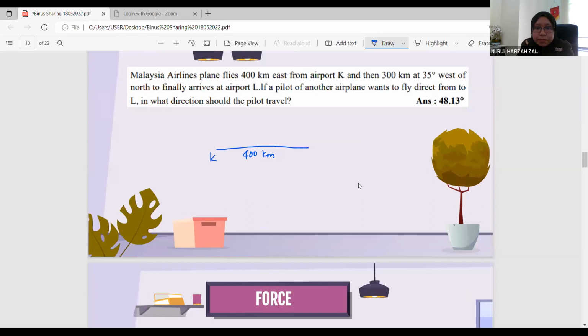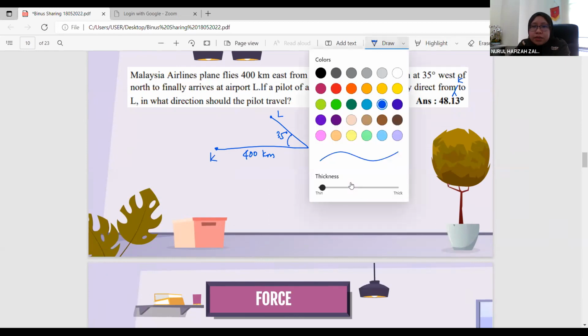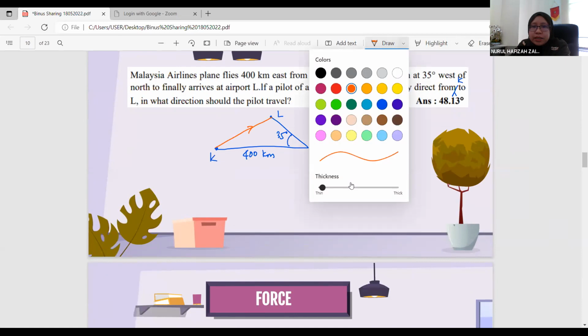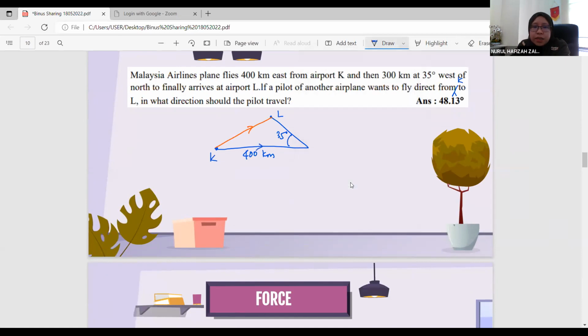So maybe here, and finally arrive at airport L. If a pilot of another airplane wants to fly direct from, I think there is a typo here, it should be from K, right? So the first plane moves from here and then here.